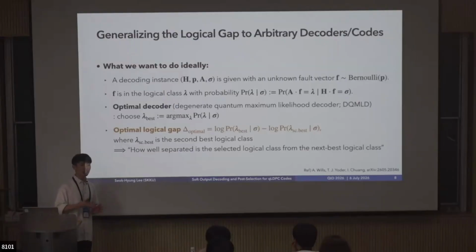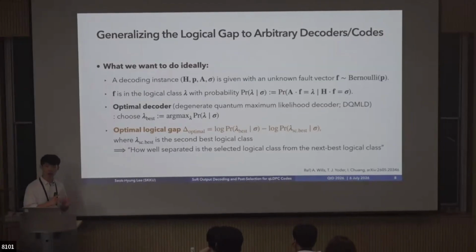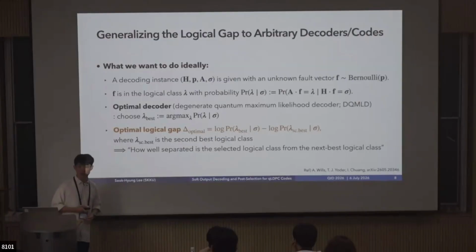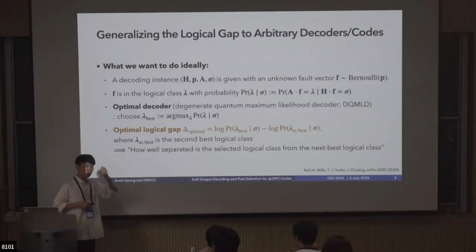I'm not an expert in tensor network decoders. Can we calculate the coset priority of all the logical classes by a tensor network decoder? Yes, we can. Then after doing that, we can simply get the logical gap. I think it's a certain tensor network that you contract that returns the numbers, so you contract exactly.